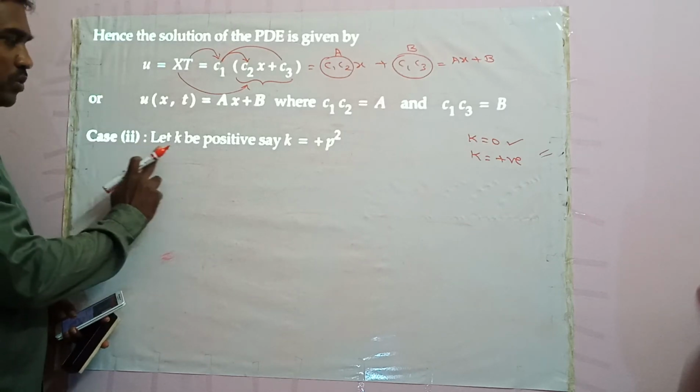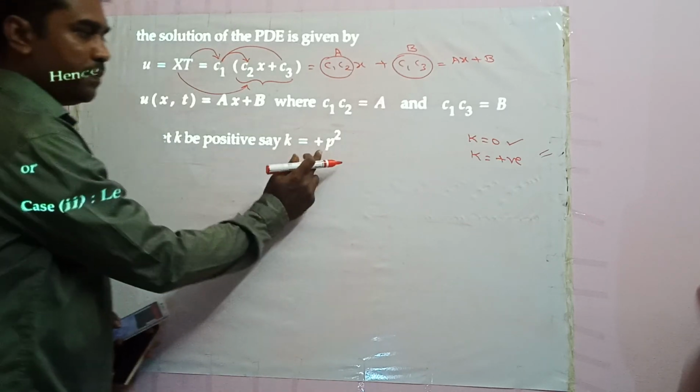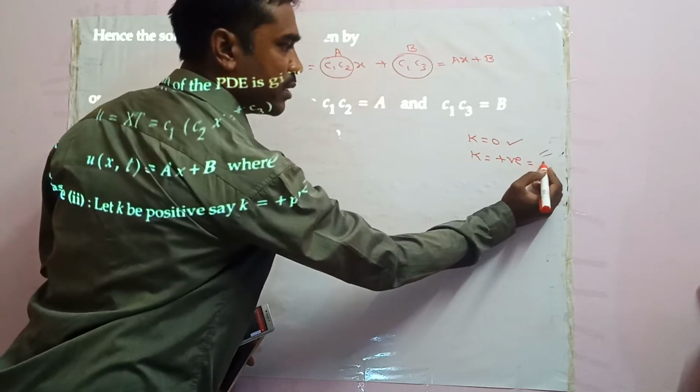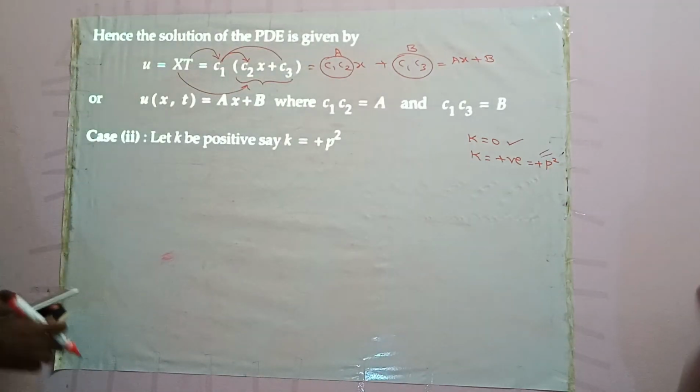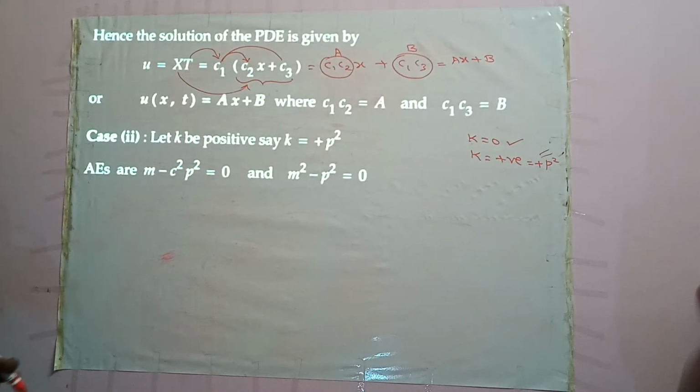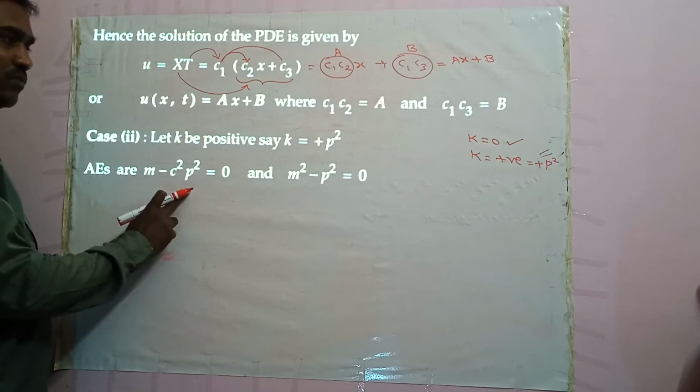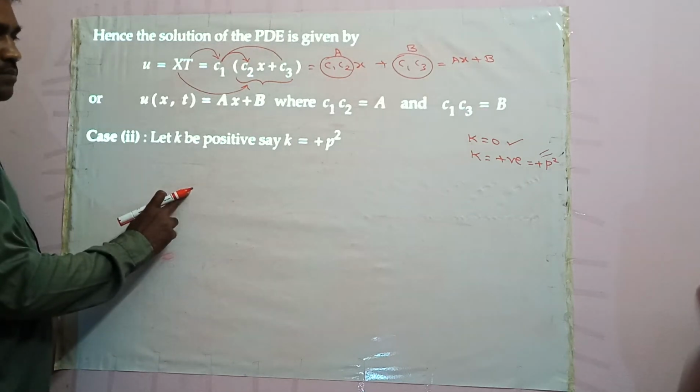So case 2, let K be positive, say plus P square. We are going to take that as plus P square. So let us replace K as P square and write the auxiliary equations.